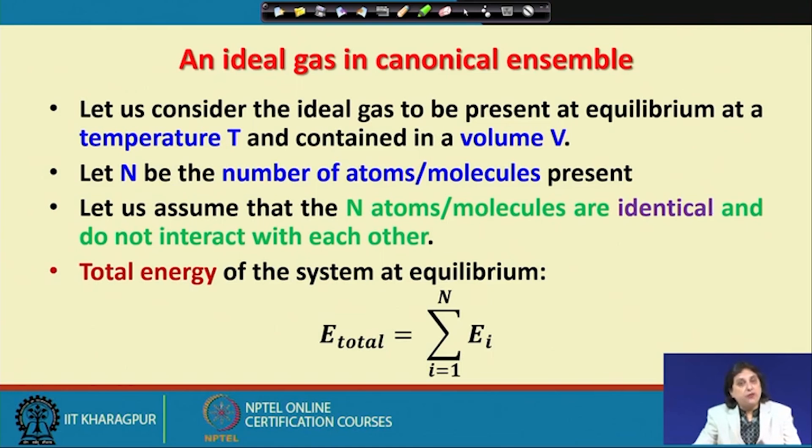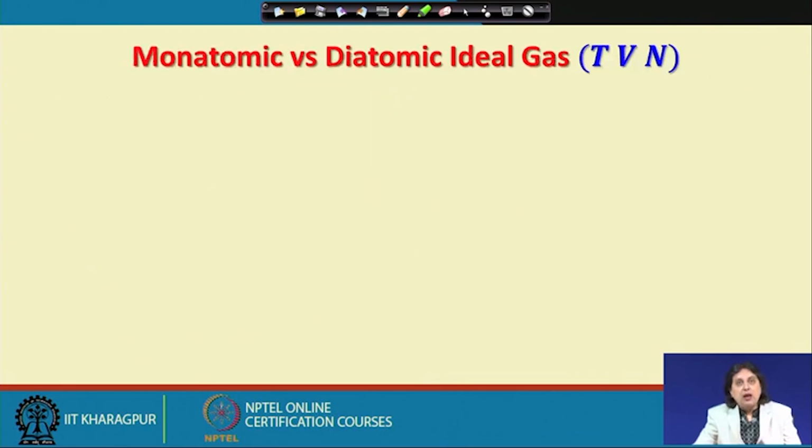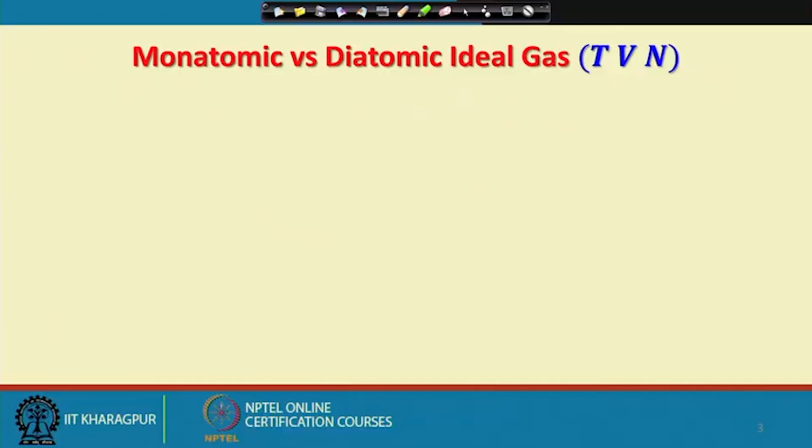The molecules are formed by the interaction between the constituent atoms, but different molecules do not interact in the ideal gas system. Now, from here let us try and visualize the difference that we are going to appreciate as we go from a monatomic ideal gas to the treatment of a diatomic ideal gas.